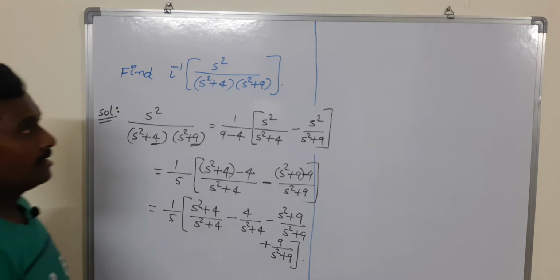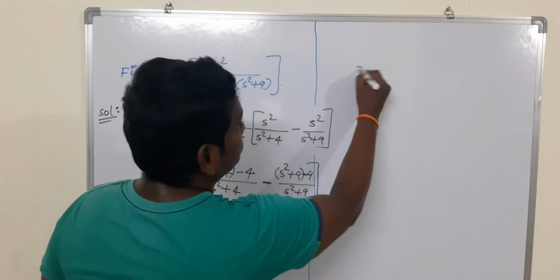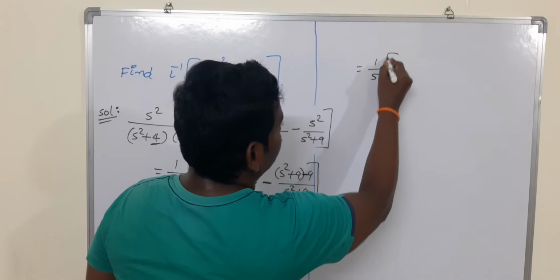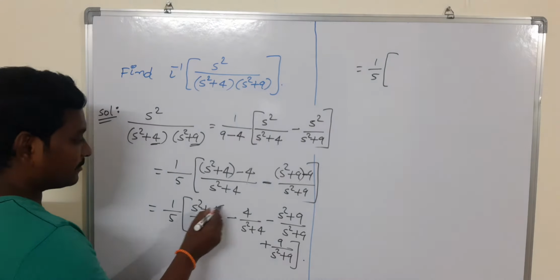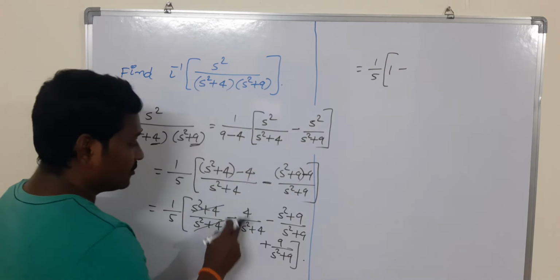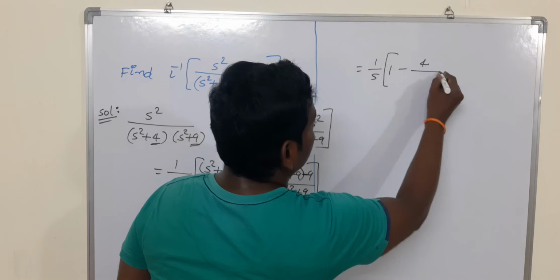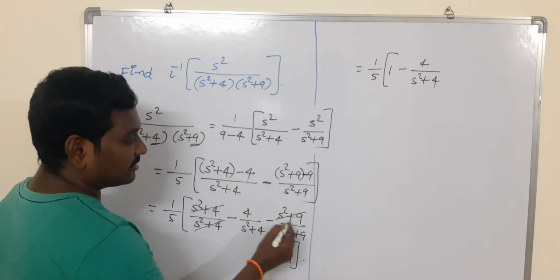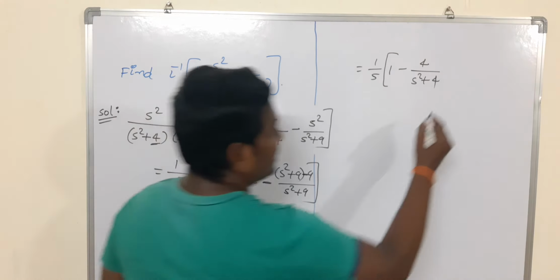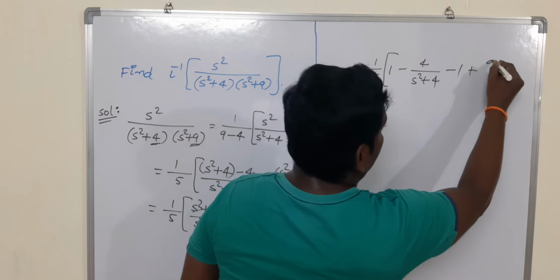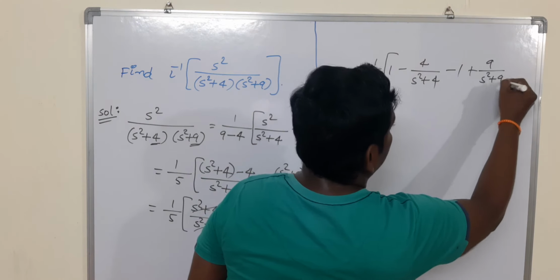That equals 1 by 5 is the constant. s square plus 4 by s square plus 4 cancel, 1 minus 4 by s square plus 4, minus s square plus 9 by s square plus 9 cancel, again you will get minus 1 plus 9 by s square plus 9.